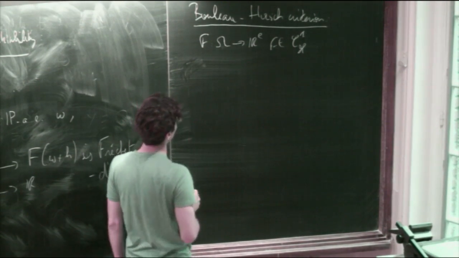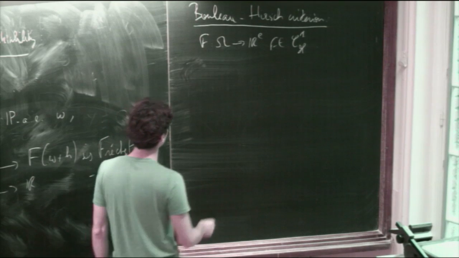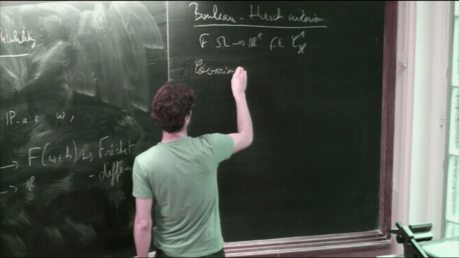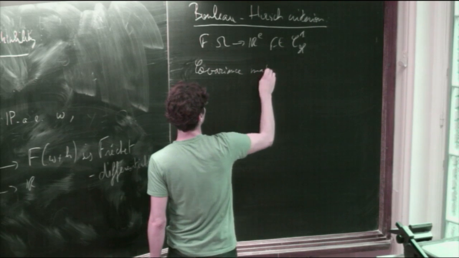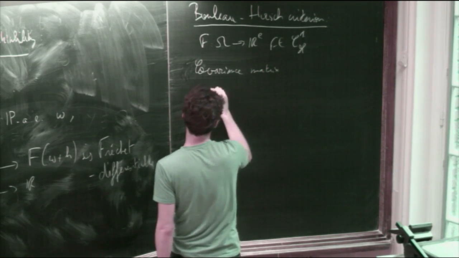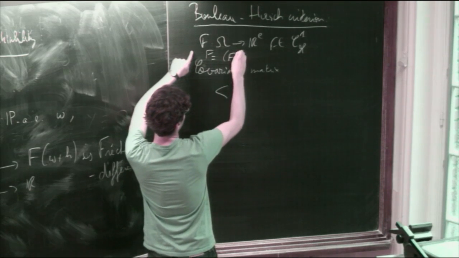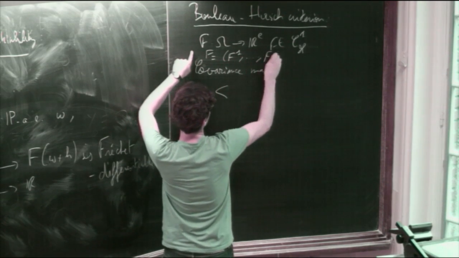You look at the so-called covariance matrix. f is some vector, f1, f2, up to fe.